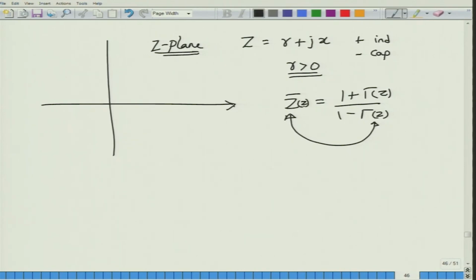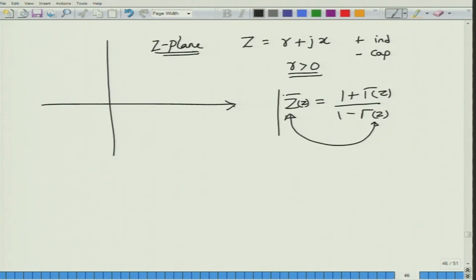You might be seeing a lot of Z values being used, so please excuse this notational inconvenience. I hope the context makes it clear which Z we are talking about. The Z in the bracket corresponds to any point on the transmission line. The Z outside corresponds to the impedance, and a bar over that corresponds to the normalization that we have done with respect to Z naught of the transmission line.